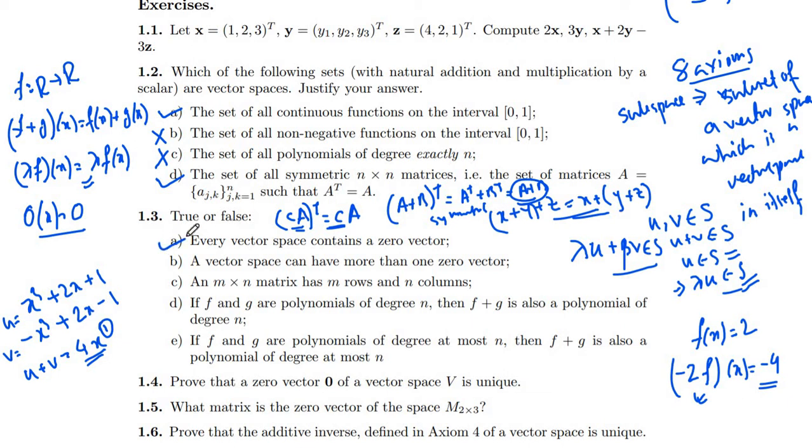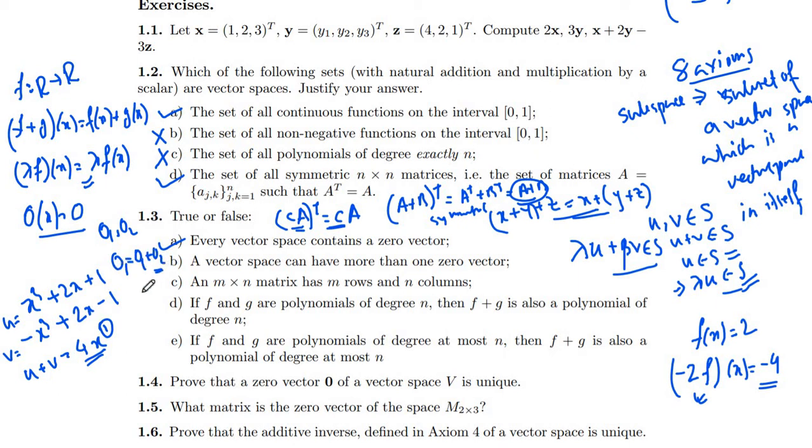A vector space can have more than one zero vector, but this is not true. Let me show why. Suppose it has got two zero vectors. Let me call them 0_1 and 0_2. Now what is 0_1? It's just 0_1. And you know, if you add a zero vector, nothing changes. So if I add 0_2 to 0_1, then 0_1 should not change.